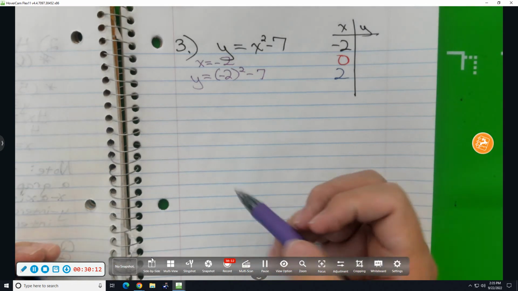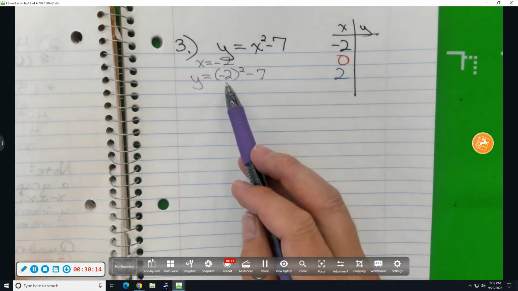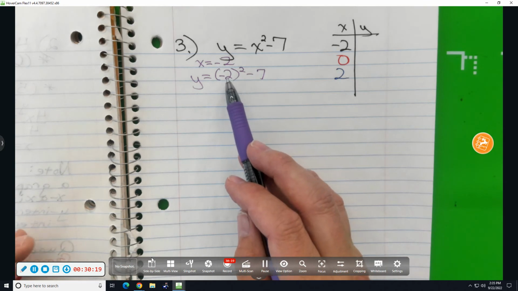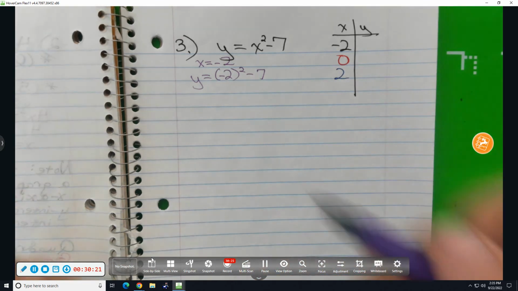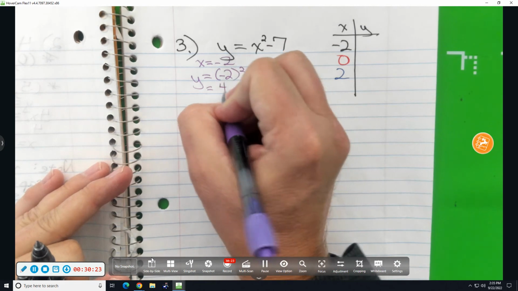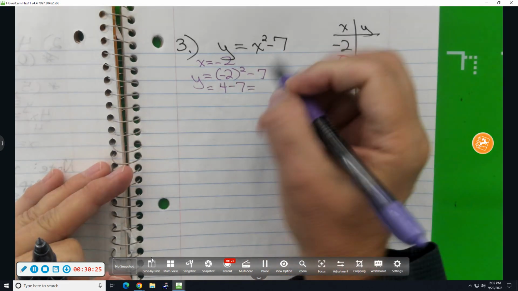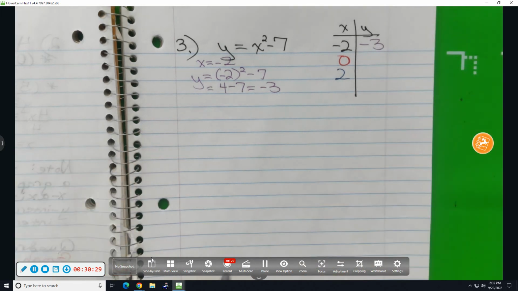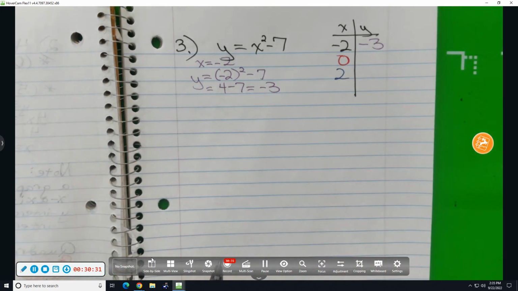So y equals -5. Let's see. It equals -3. Okay. -2 times -2, that's a +4, minus 7 gives me a y value of -3. So there's my first ordered pair, -2, -3.